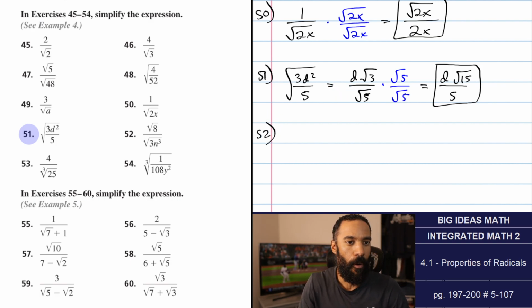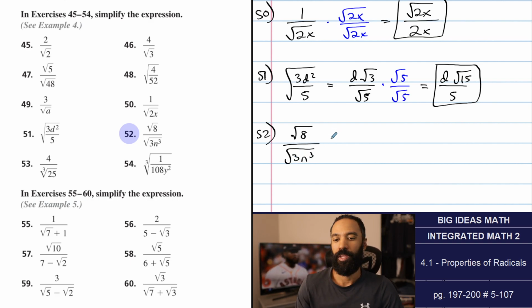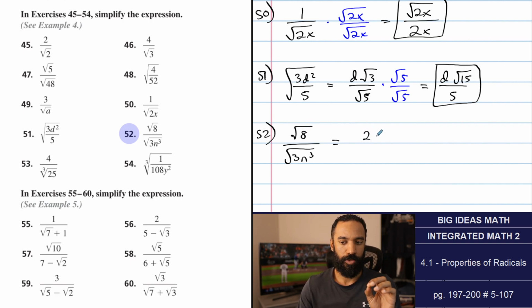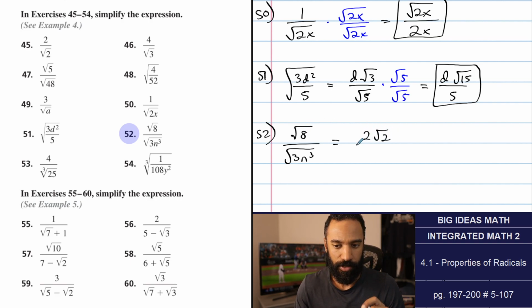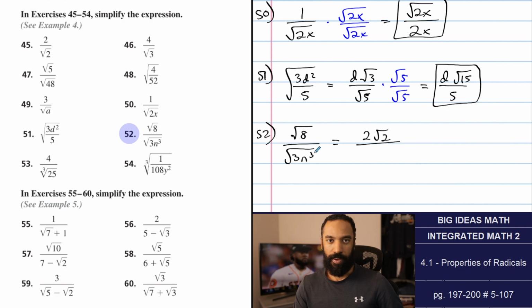Number 52. We have the square root of 8. This is already split. But we have the square root of 8 over root 3n cubed. Okay. Square root of 8 is root 4 times root 2. So that gets us 2 root 2. Again, I said I'll go faster on those. N cubed, you can't take the square root of 3, but n cubed, you can divide 3 by 2, you know.